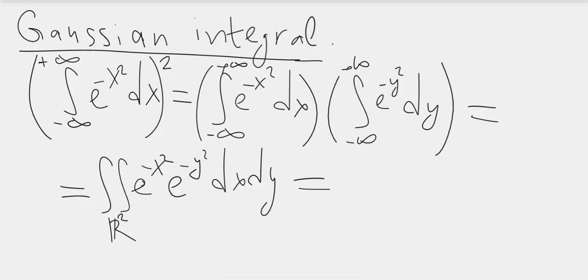So now we are going to substitute the variables to polar coordinates, to convert the Cartesian coordinates to polar coordinates.